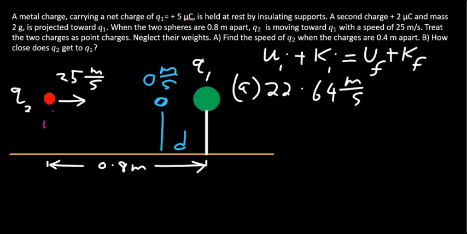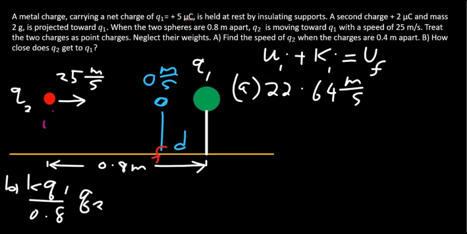So what that means, since that is the final point in this case, the kinetic energy K sub F would go to 0. So let's repeat the calculation that we did before, but now setting K sub F to 0. Ui is the potential energy of that charge Q2 at point I. So potential there is KQ1 over 0.8 times the charge Q2.